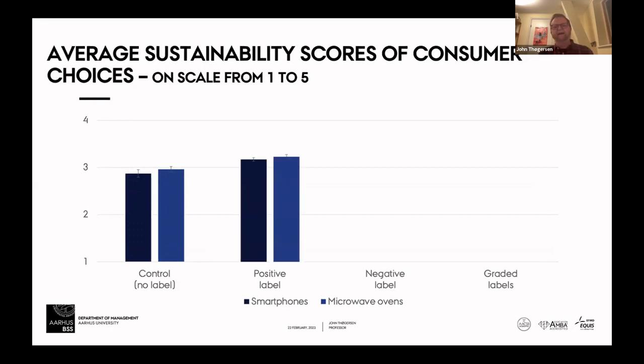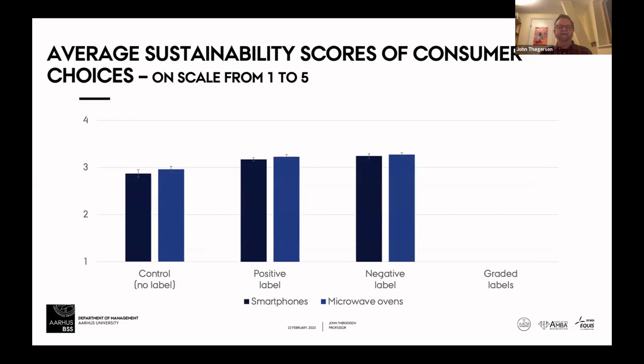If we added a positive label or a negative label, there was a significantly higher choice of more sustainable products. This result is significant but moderate.